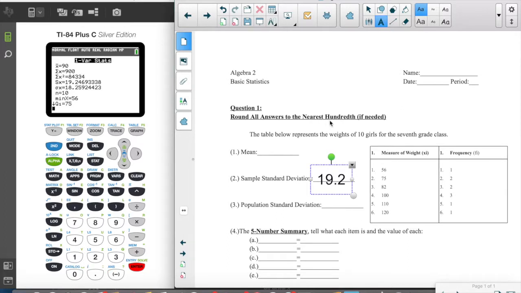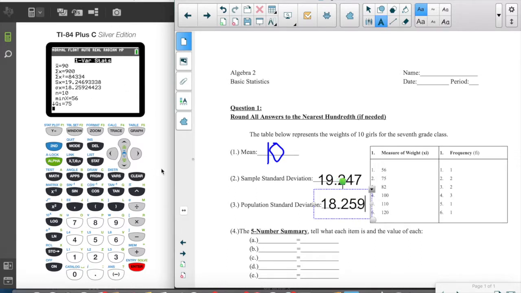So it's going to be 19.247, because we're rounding up since the following digit would be 9. For our population standard deviation, that is going to be 18.259, because 2 is the next digit, so it wouldn't round up.